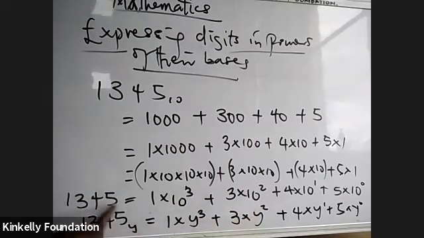Now, if you replace this 10 with y, this gives us this. We have 4 digits here, and the highest power is 3, which means that if you have 5 digits, the highest power will be 4. If you have 10 digits, the highest power will be 9. So, please take note of these things.